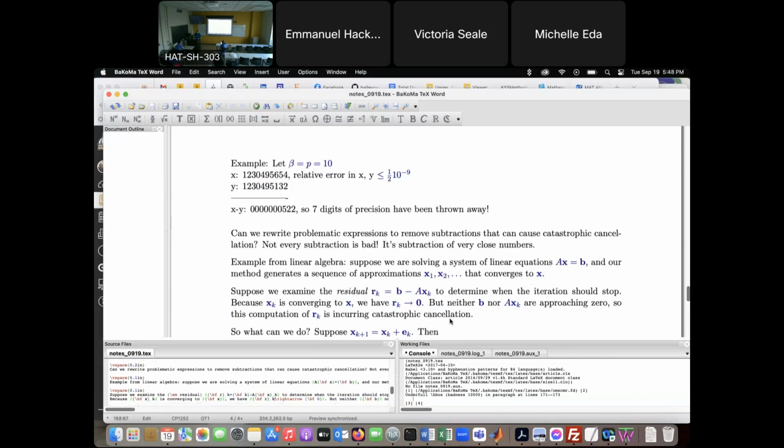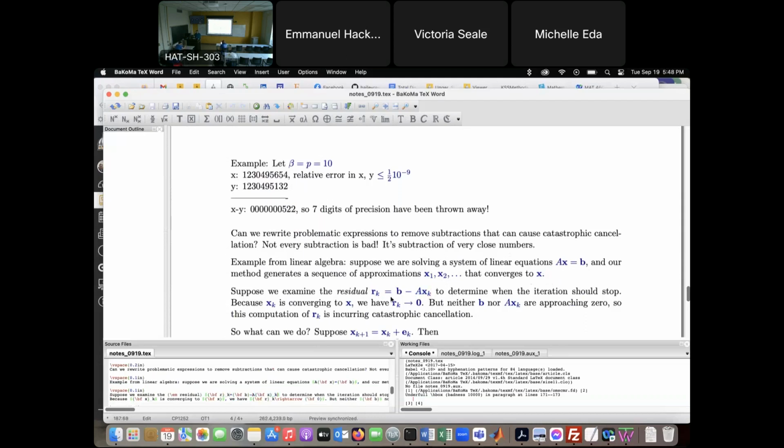Now, here's a problem though. This is a bad subtraction. Why? Because rk is converging to 0. b is not. b is a fixed vector. A times xk, that's converging to A times x, which is b. This vector itself is not going to 0.